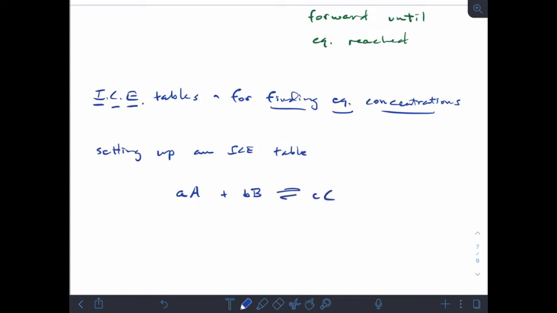All right, so we have our generic A plus B in equilibrium with C, and we are given that K equals 4. So pretty darn generic.